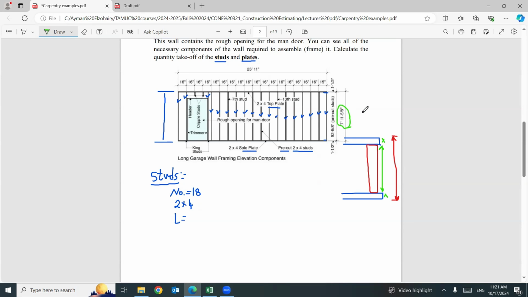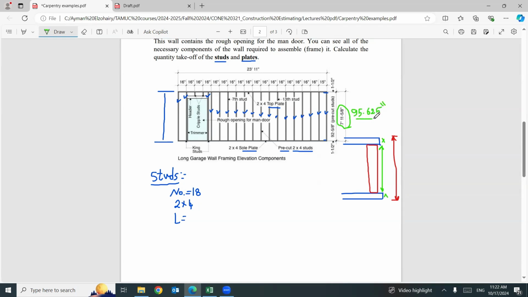So let me try first to convert this one to inch. So 7 feet plus 11 inch plus 5/8. This dimension equals 95.625 inch.